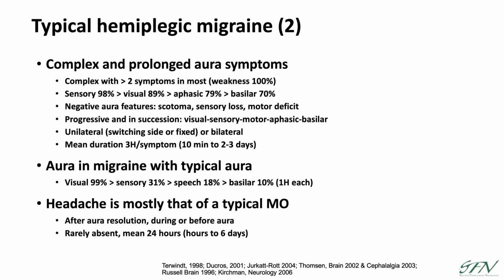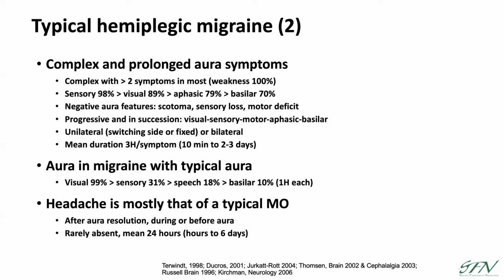And after that, they have speech disturbances. They cannot choose the right word, or sometimes they cannot speak. And after that, sometimes they also have basilar type symptoms like vertigo, tinnitus, and unsteadiness.